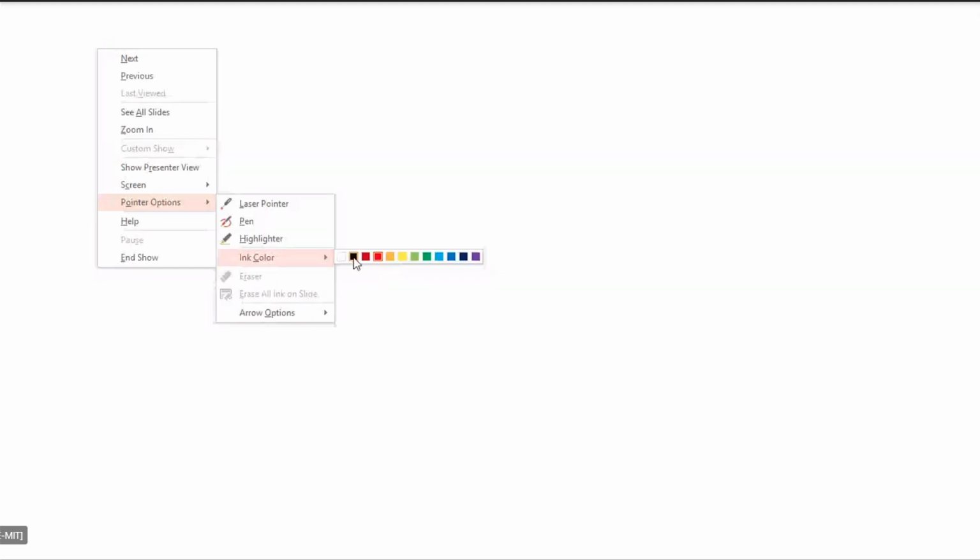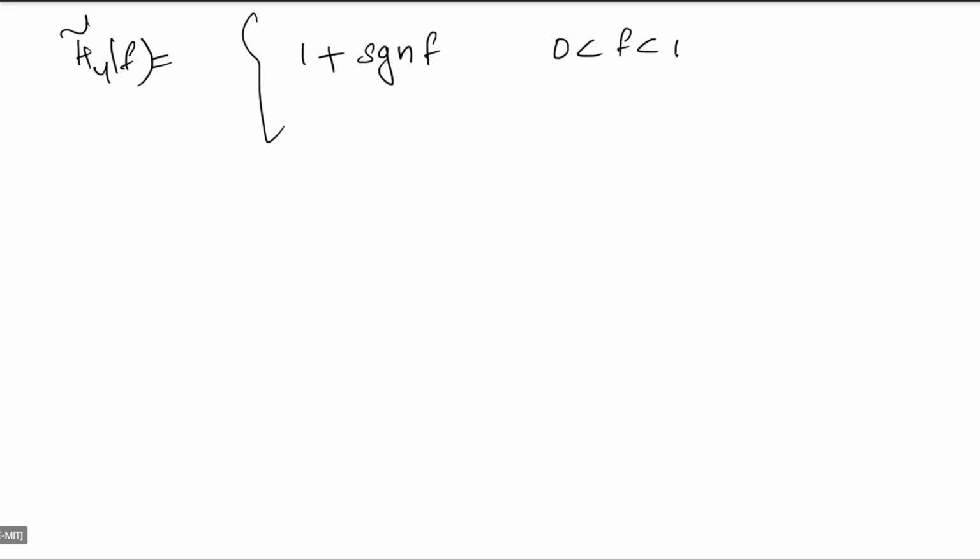It is band limited. Also, ma'am, what was S tilde again? The complex envelope of DSBSC. Yes, okay. 1 plus signum f for 0 less than f, 0 else. So this is HU tilde f.